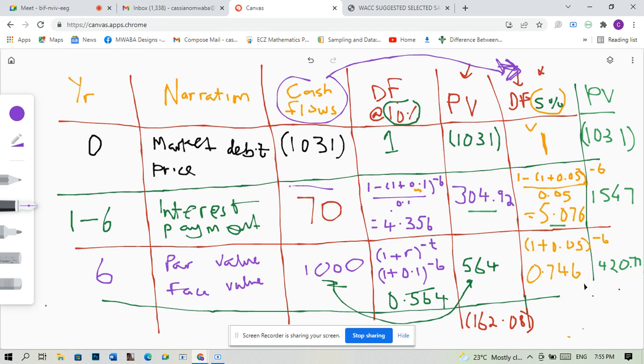Then it's supposed to be 70 times 5.076, and you're supposed to get 355.32.